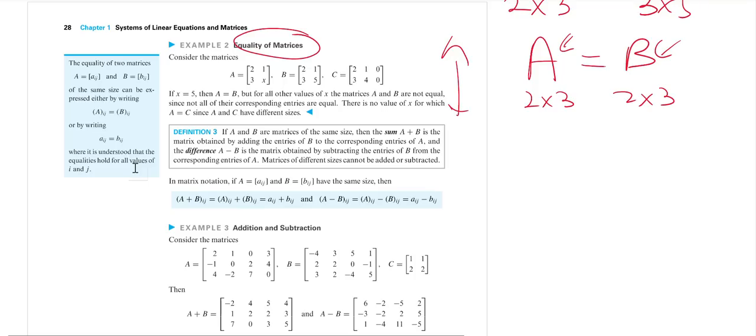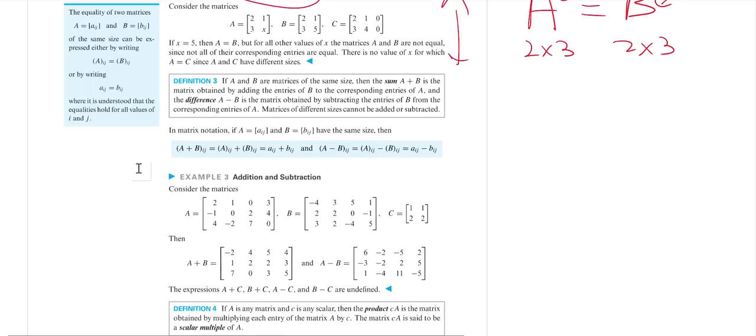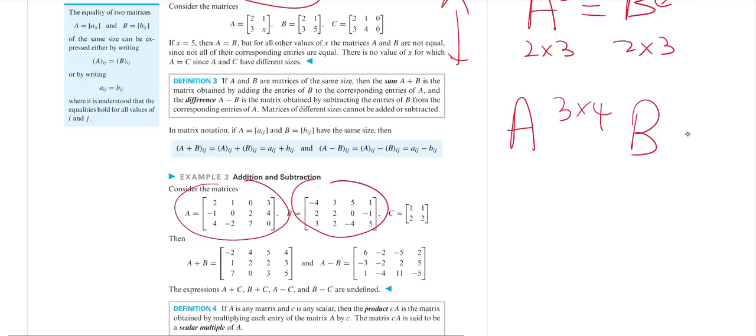Addition and subtraction are compatible if and only if the matrices have the same size. As you can see here, our A is of size 3 by 4 and our B is of size 3 by 4. So they have the same size, so they are compatible in terms of addition and subtraction.